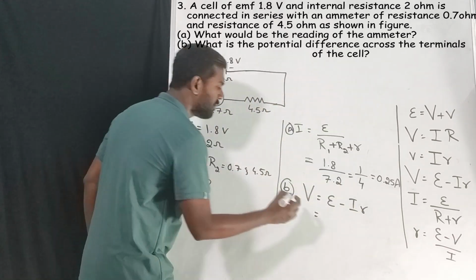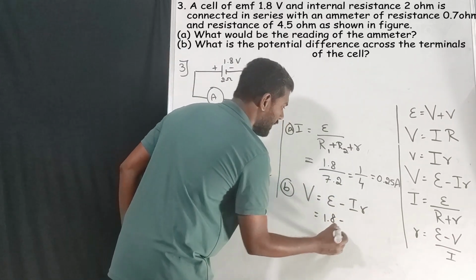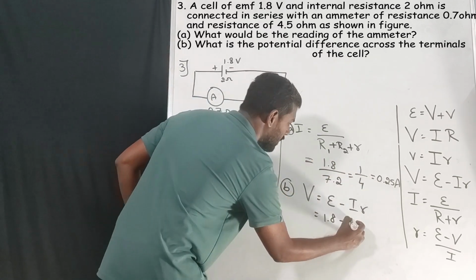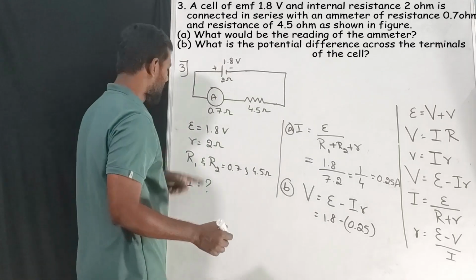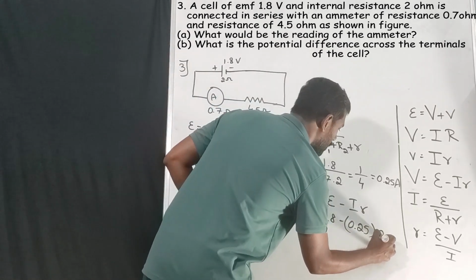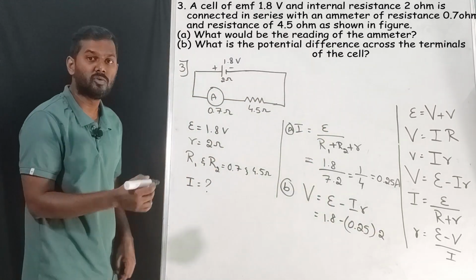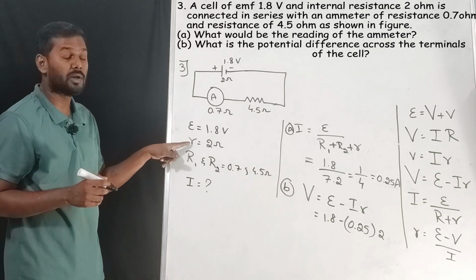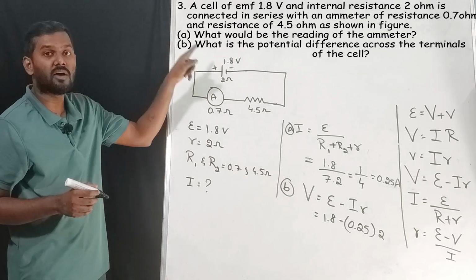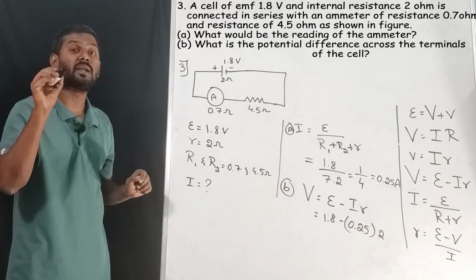What is E? That is nothing but 1.8, minus current, that is what we just found, that is 0.25, and what is r? r is nothing but 2. Okay, small r value is very much important here, you should not get confused. Small r is nothing but the resistance of the battery, that is internal resistance.